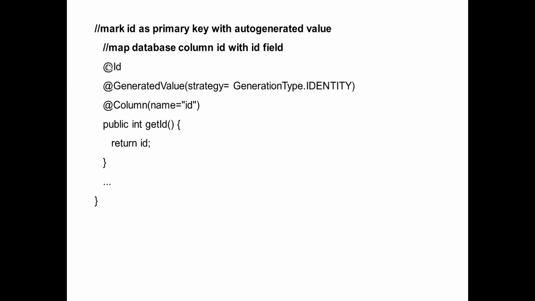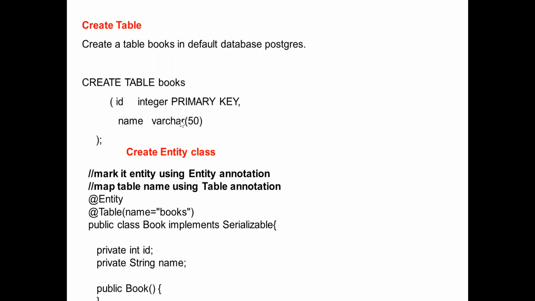You can just use @Id. It is nothing but an annotation, and for the generated value annotation I can use strategy equal to GenerationType.IDENTITY. Then @Column name equal to id, and public int getId returns id. So we auto generate the value of the ID primary key with the help of annotations. This is the second step.